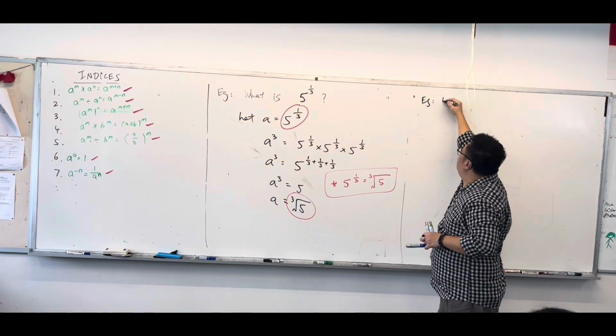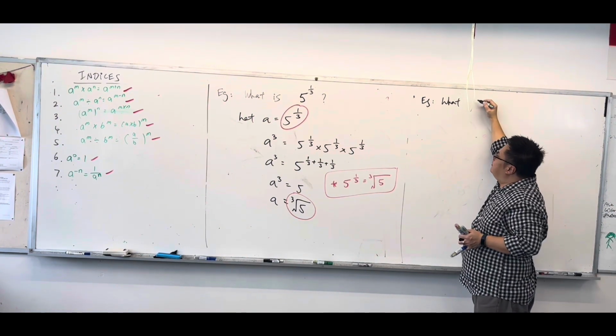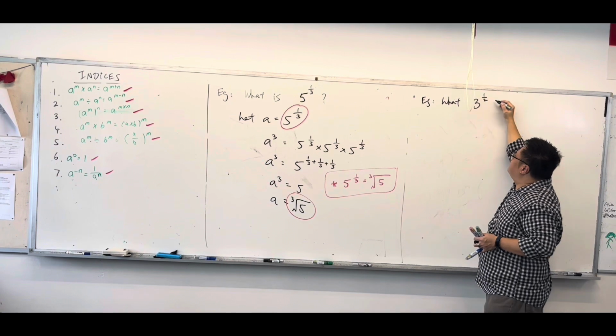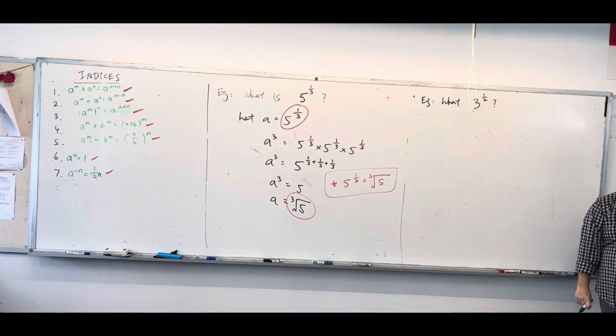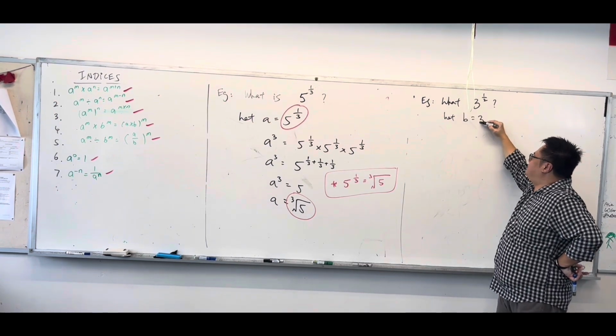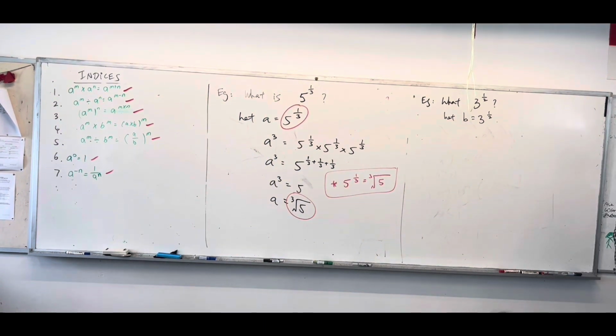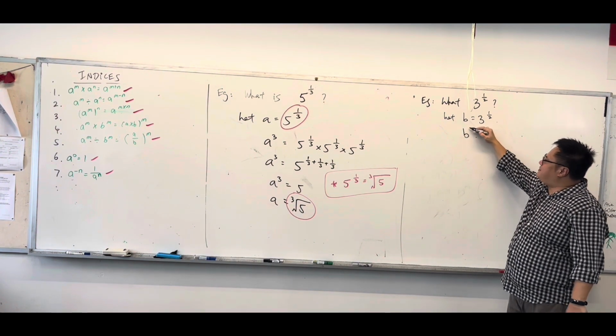Another example. Let's say, what is 3 to the power of half equal to? I don't know, right? I let B be 3 to the power of half. So what happens if I square both sides?